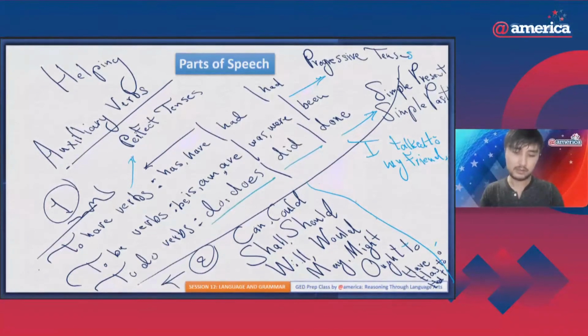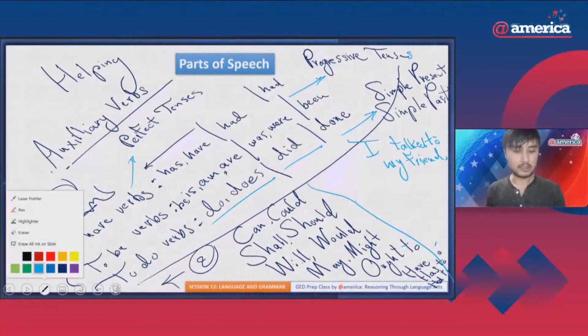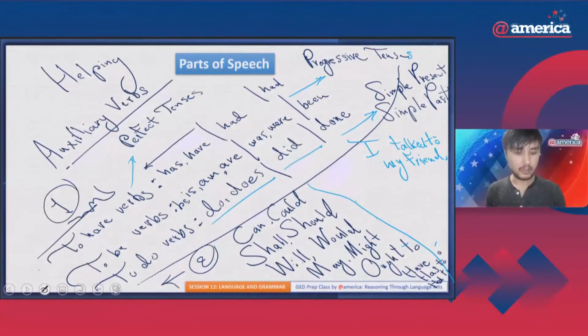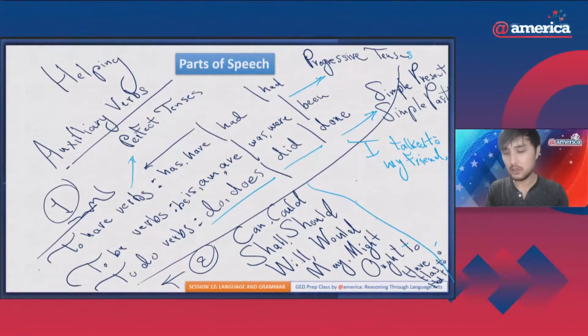And for the present tense, we use do and does. So I talked to my friend, and if you want to make this a question, because it's a past sentence, we say, did I? And in that case, the main verb changes back to its base form.